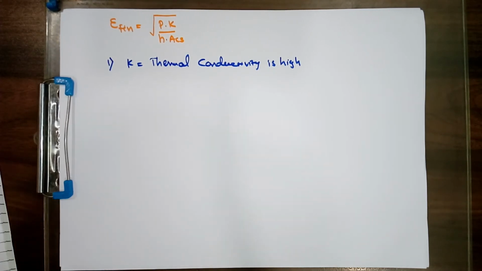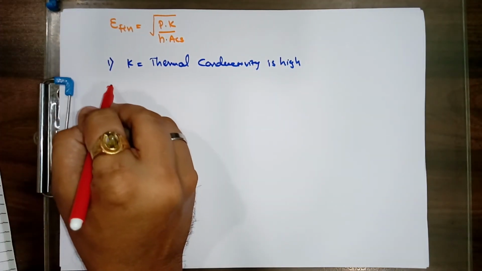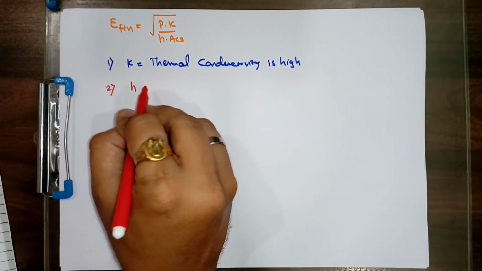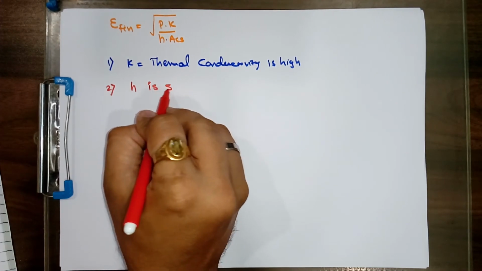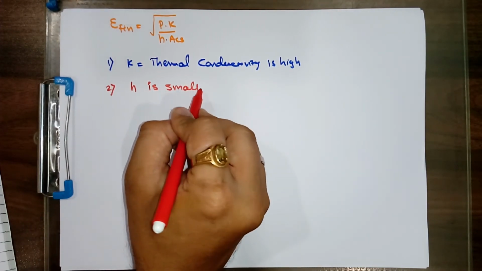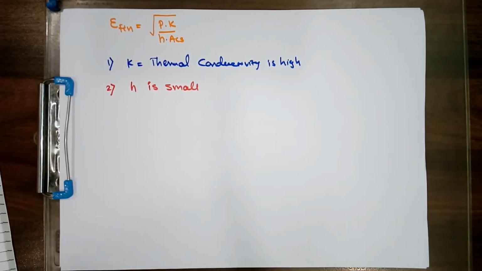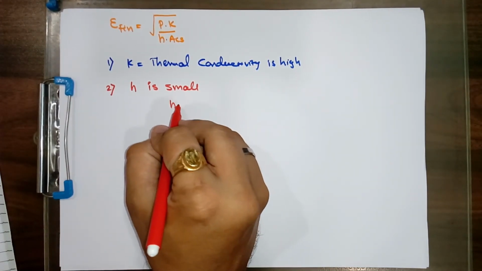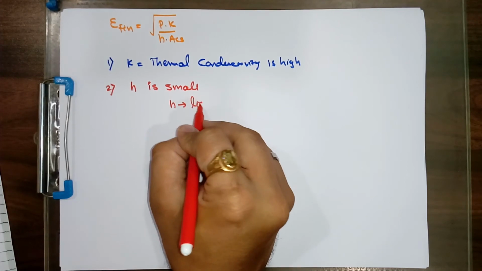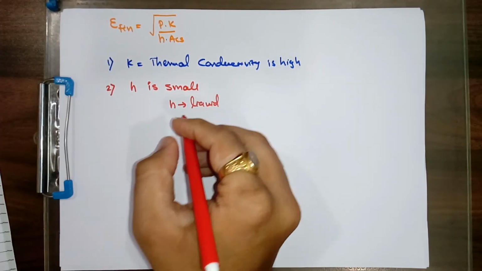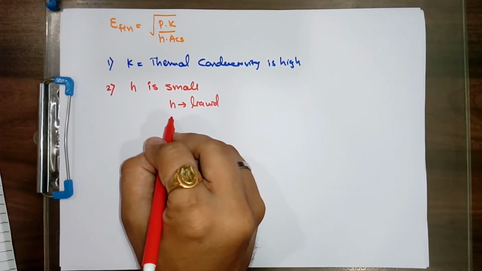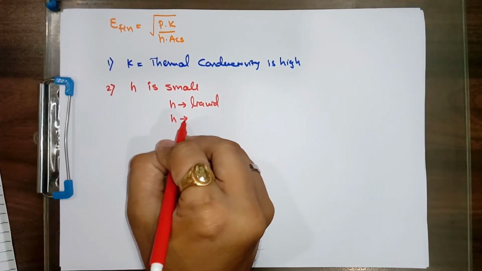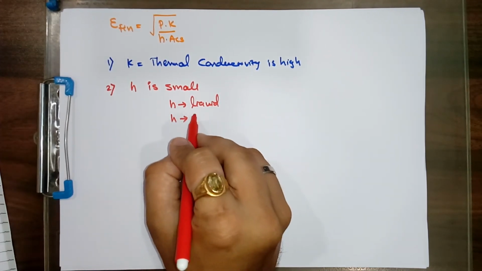Second, the fin is only used when your H is small. It means from this expression we cannot justify the fin where the H for the liquid is very high, as well as we cannot justify it for H in forced convection.